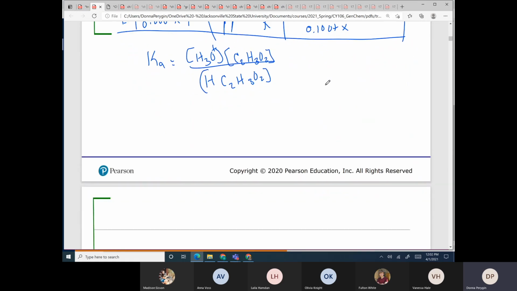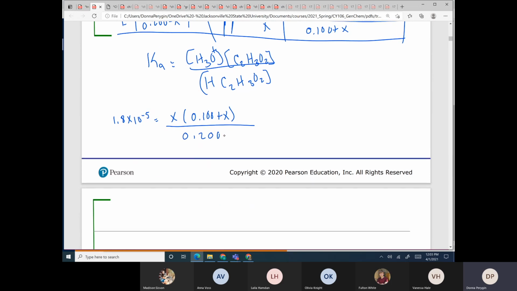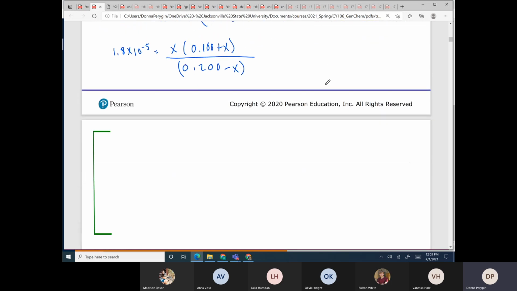All right, so the Ka was 1.8 times 10 to the minus 5th, which is equal to X times 0.100 plus X over 0.200 minus X. So we can make the X is small approximation.